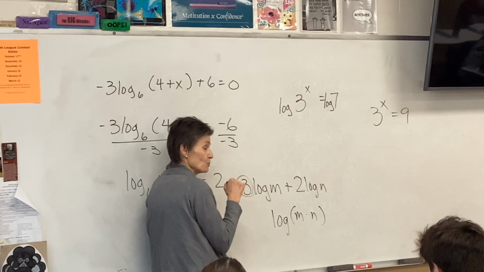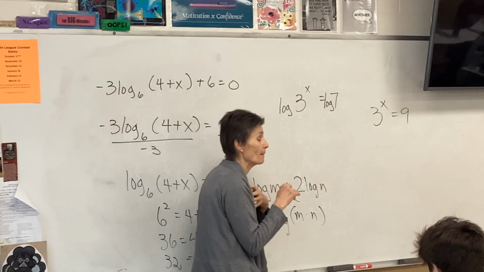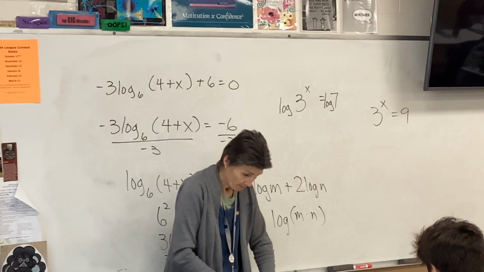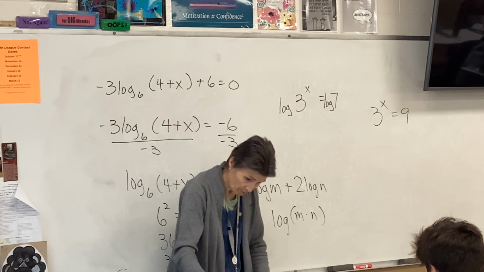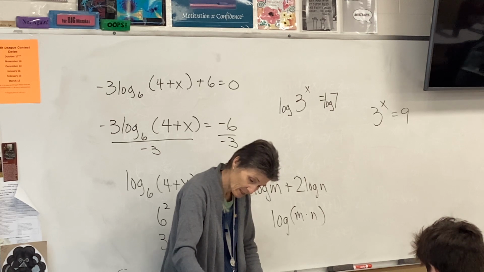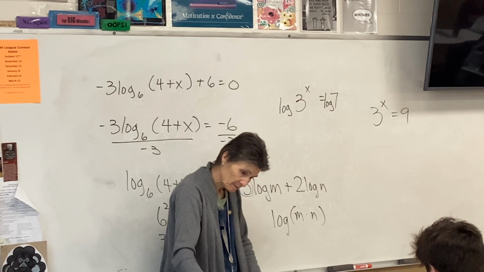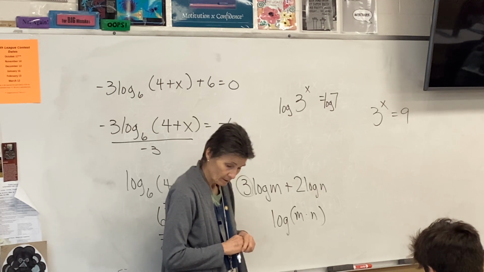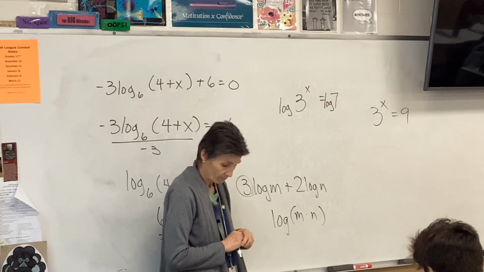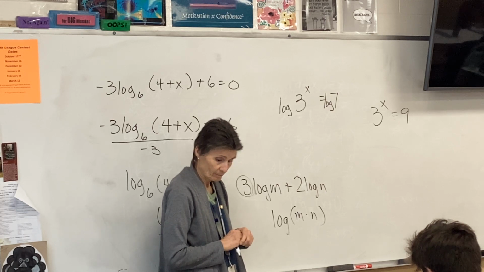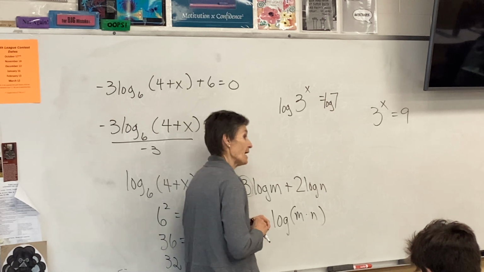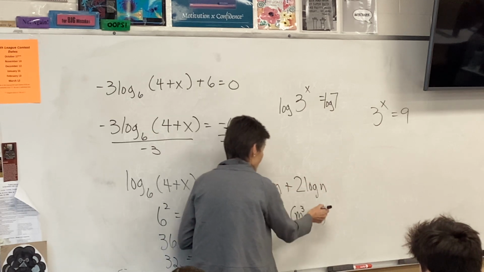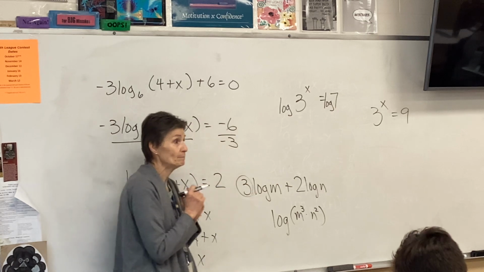Okay, flip back a page or 2 in your notes and see if you can remember what happened. It would be back on page 27 of your notes. They turned into exponents. So this became m cubed, and this was n squared, remember that?